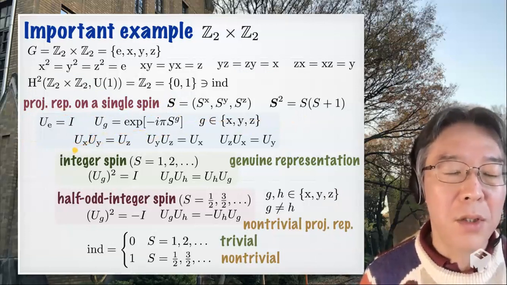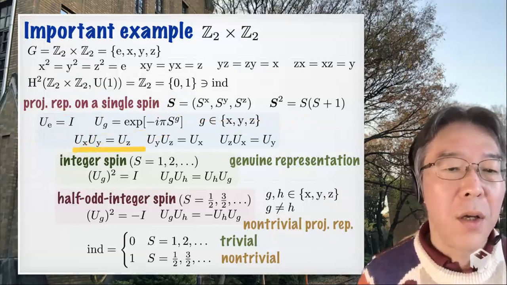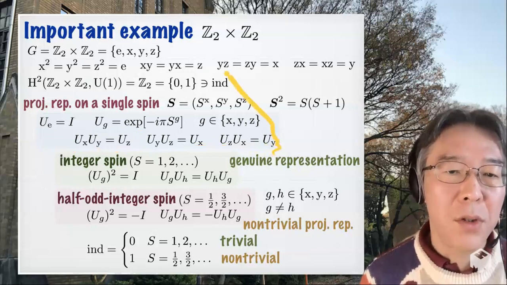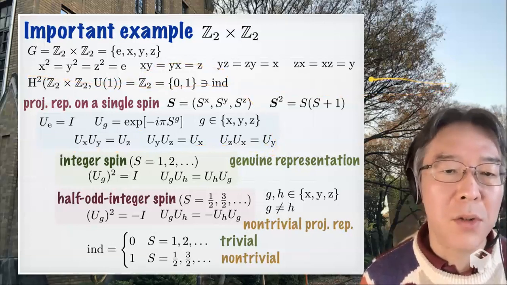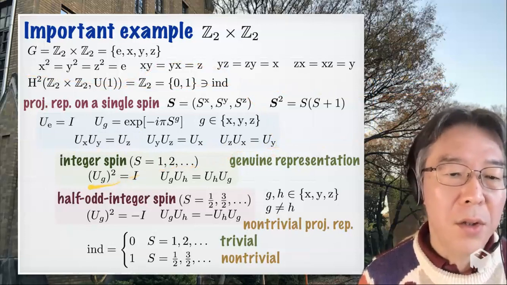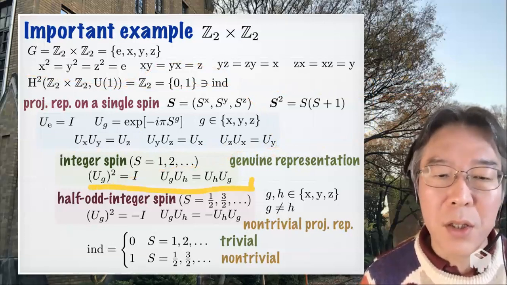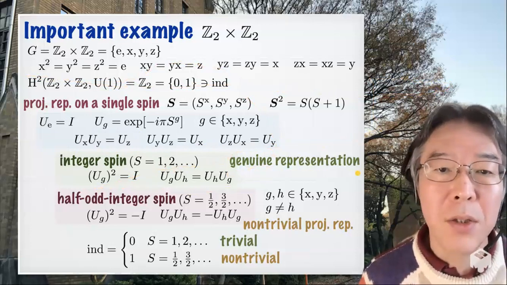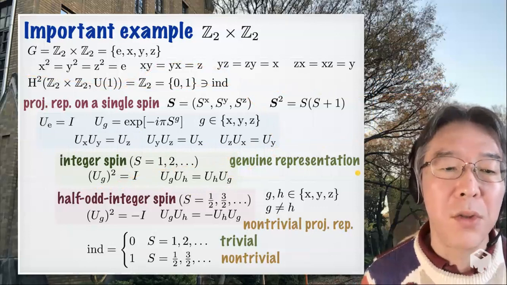Then you can easily show that these unitary operators satisfy these relations, which are consistent with the Z2 cross Z2 rule. Furthermore, if S is an integer, then U satisfies this relation, and we get a genuine, usual representation of the group Z2 cross Z2.